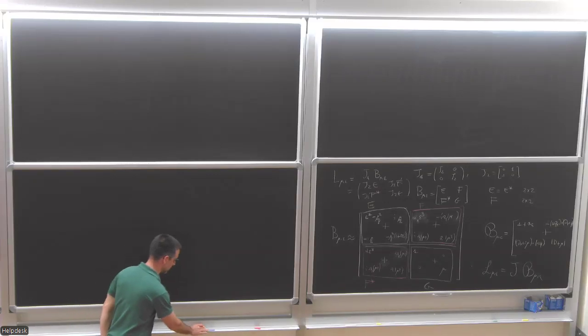So they have different signs, and this will give the Benjamin-Feir instability.